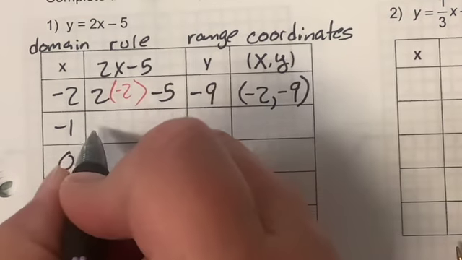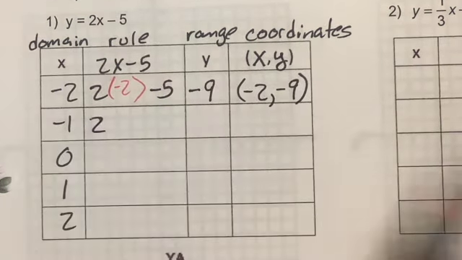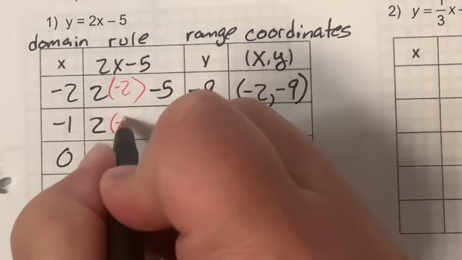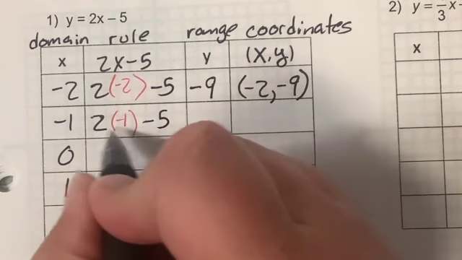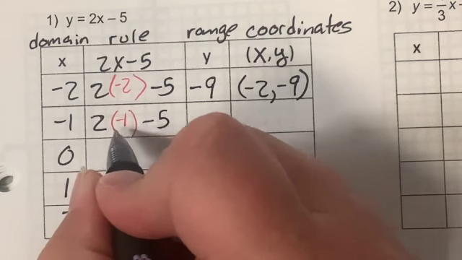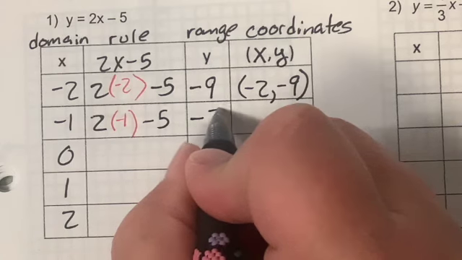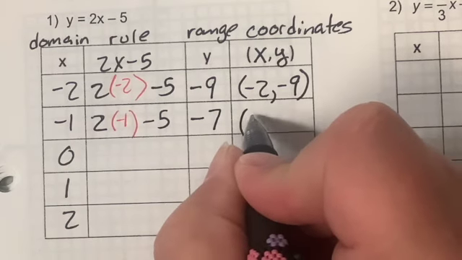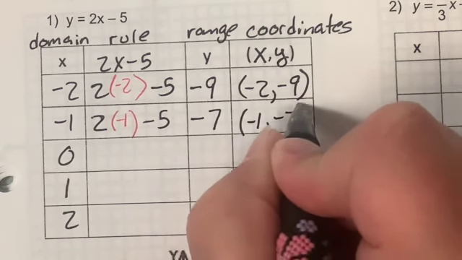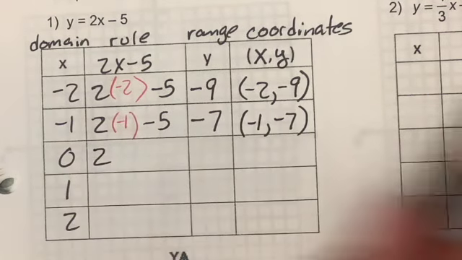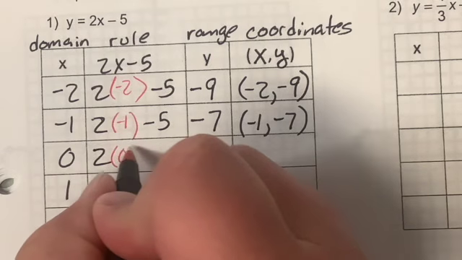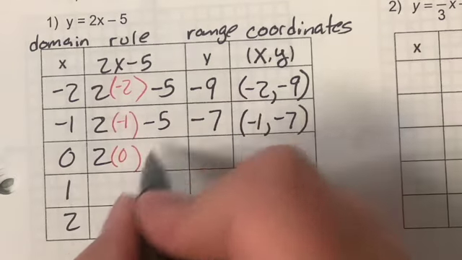Here we go. 2 times -1 minus 5. 2 times -1 is -2. -2 minus 5 is -7. And I have (-1, -7) to graph. 2 times 0 minus 5.